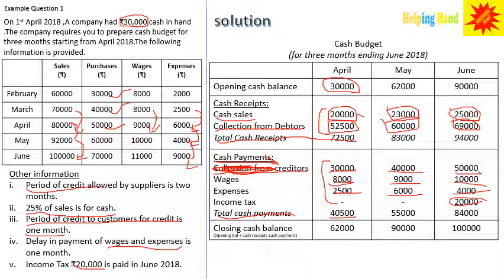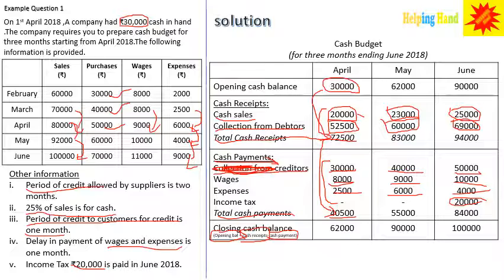So what we do next is we take the opening balance, we add cash receipts, finally minus our cash payments. So 30 plus 72,500, whatever amount we get, we subtract 40,500 from that.